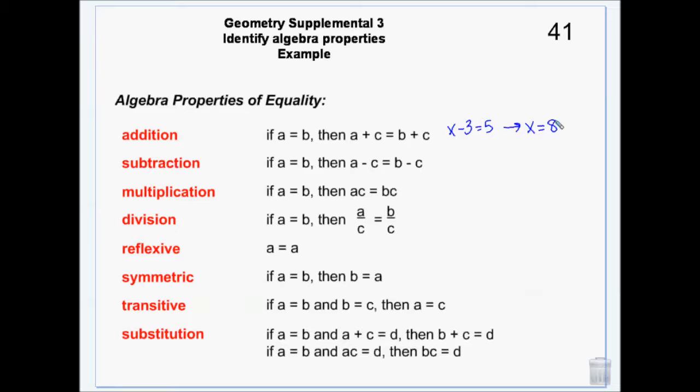That's what we use this for. Same thing with subtraction. If I subtract the same thing from both sides, I'm not changing the equality either.